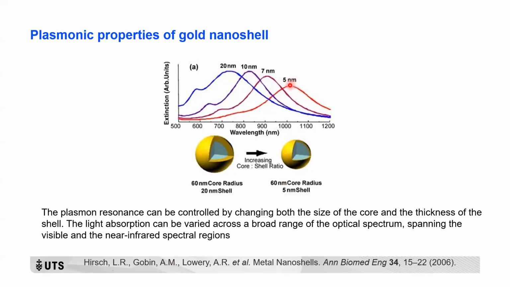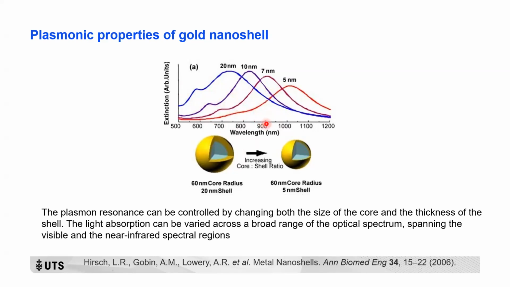And also with the increase in the thickness of the gold layer, it starts to have another side peak. This is another order of the resonance. That is because of, I think, the interface between the gold and the silica, okay?